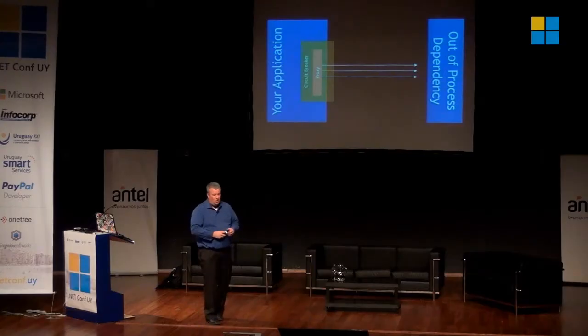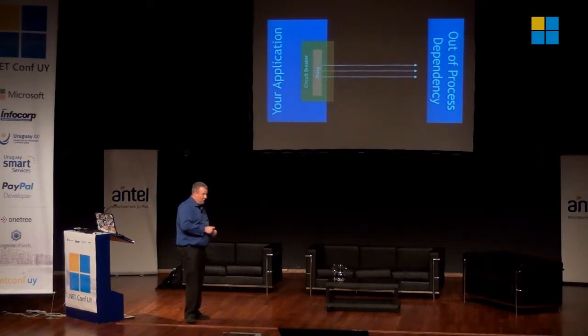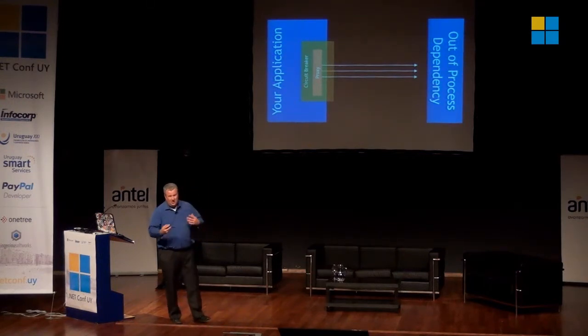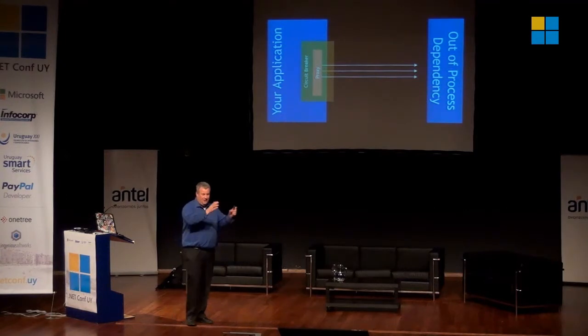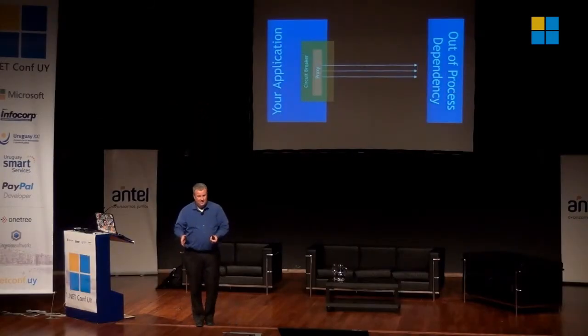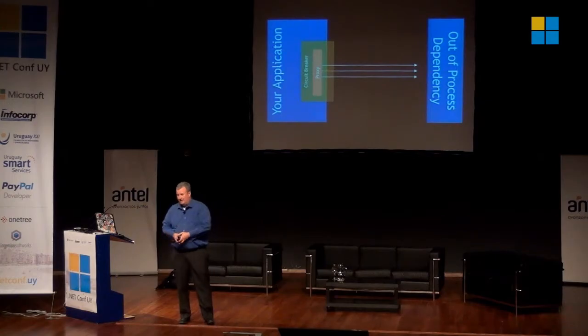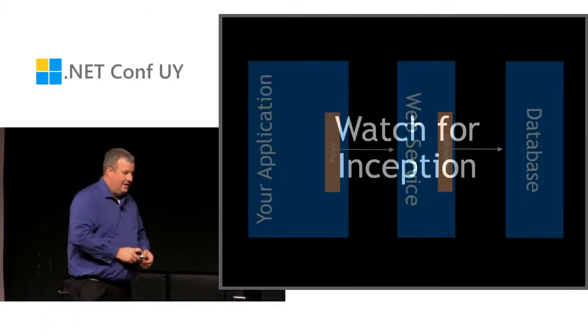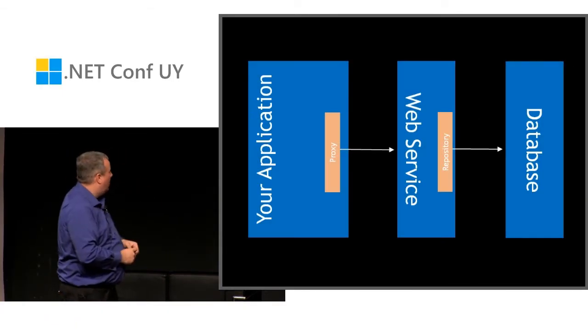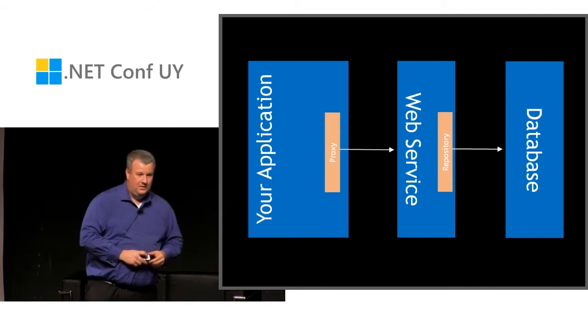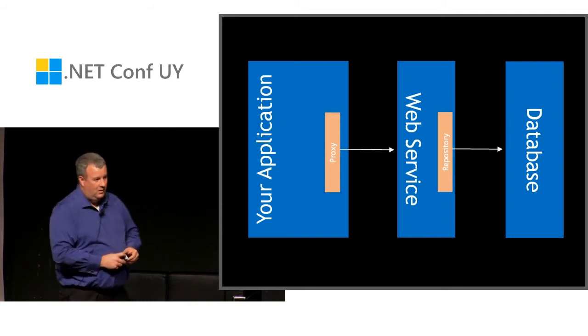The one thing you want to watch with this is where you put and where you have proxies. If you're building a web app, it's pretty common to have a UI tier, so it's maybe your MVC stuff. That calls off to a web API tier, and that calls off to the data access tier. In that case, where do we put our circuit breakers?